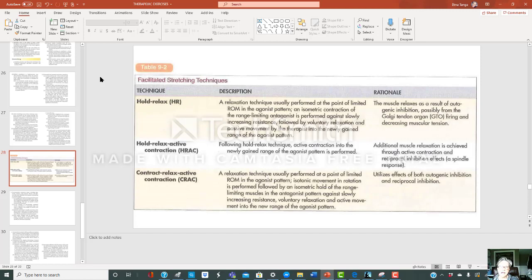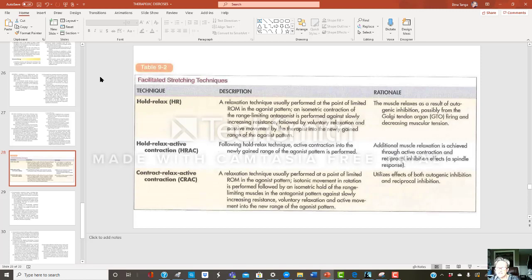Contract relax active contraction. A relaxation technique usually performed at a point of limited range of motion in the agonist pattern. Isotonic movement in rotation is performed, followed by an isometric hold of the range-limiting muscles in the antagonist pattern against slowly increasing resistance, voluntary relaxation, and active movement into the new range of the agonist pattern.